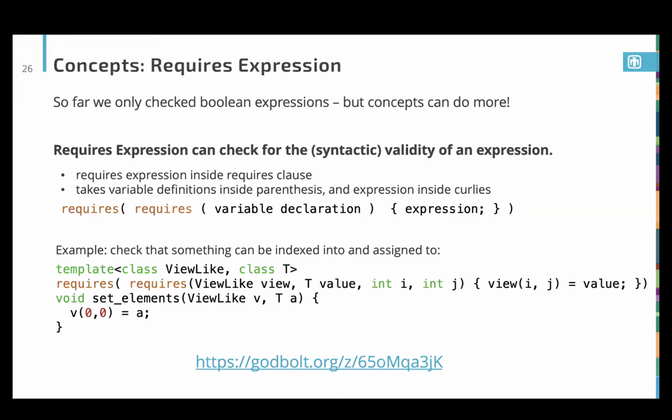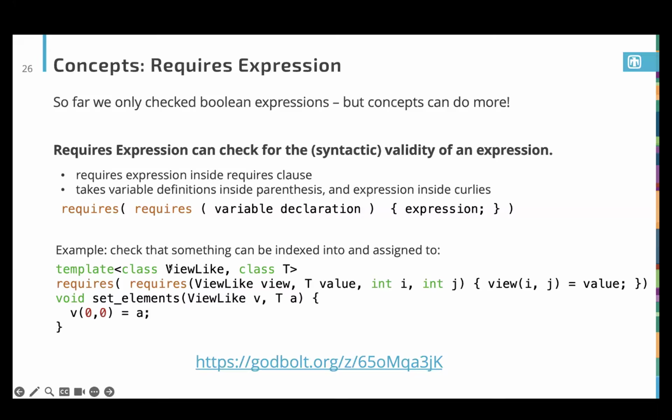So what that does is you have the requires clause in which you stick a requires expression. That requires expression can take variable declarations and then the actual expression you want to check that that's valid. And here's a simple example of that. I make that function set elements and I want to take any view-like thing, whatever view-like means.